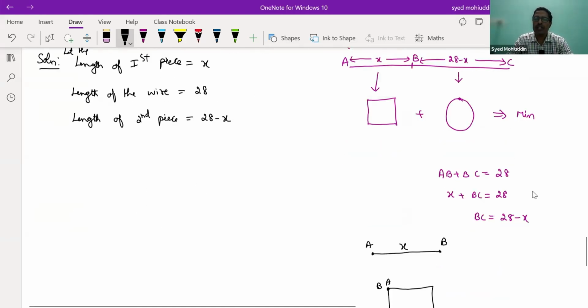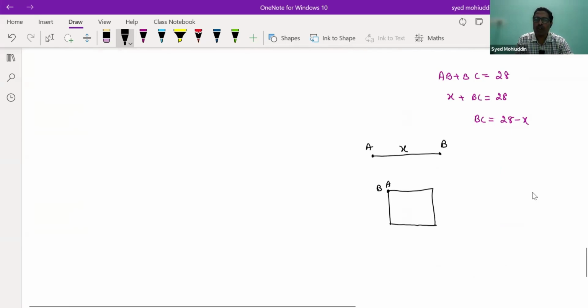Now the total length, if you start traveling from here, move down over here, come again over here and return back over here, the total length covered will be X. So when you're trying to cover from the outside, is it not the perimeter of the square? What is the perimeter of the square? Perimeter of the square is 4 times the side, right?